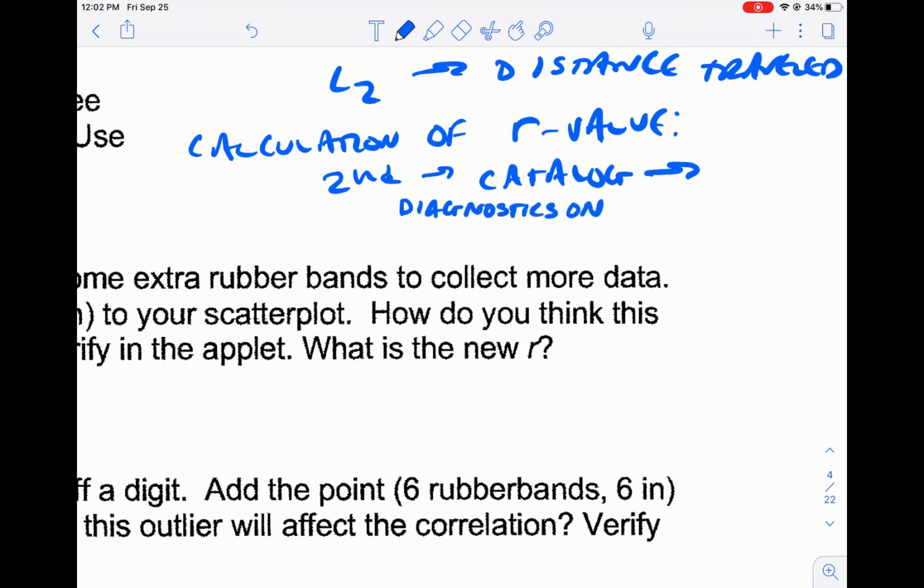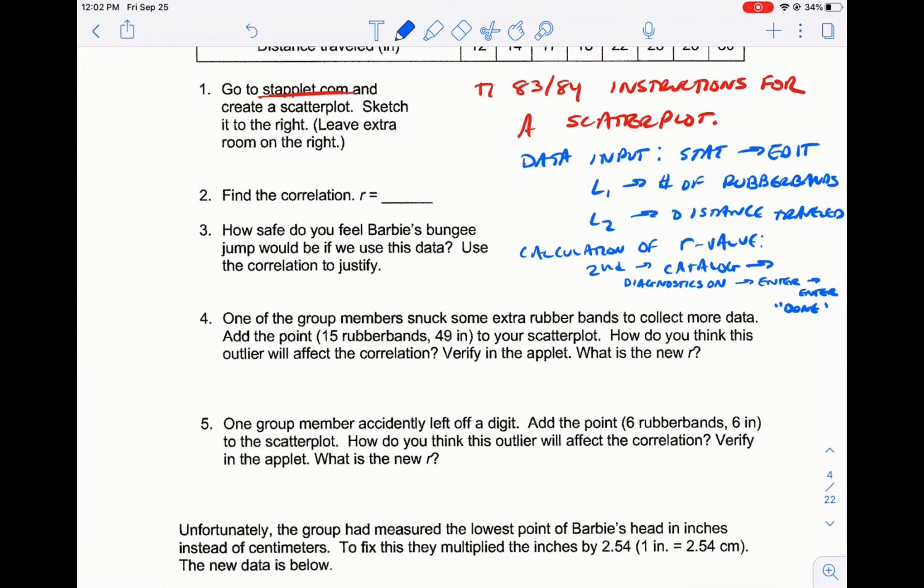Diagnostics on. And you want to hit enter. That's going to populate the diagnostics on function on your home screen. And then you're actually going to hit enter again. And it's going to say done. And when it says done, that means you've turned your diagnostics on. And so that's the first part of calculating your R value.